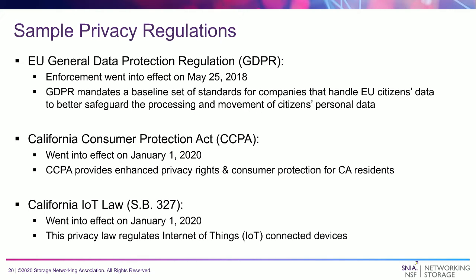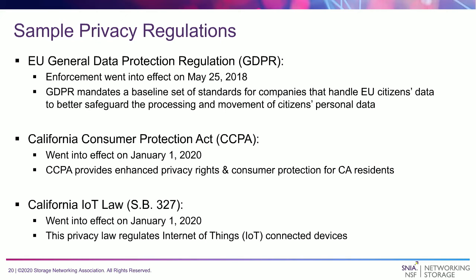We'll talk a little bit more about GDPR and some of the main sections of it in a minute. The next one that we'll talk about is the CCPA, or the California Consumer Protection Act. That actually just went into effect at the beginning of this year, 2020. It provides some enhanced privacy rights to residents of the state of California. Interestingly enough, that doesn't mean that it's only companies in California.